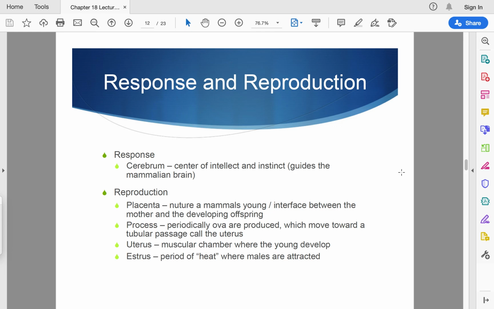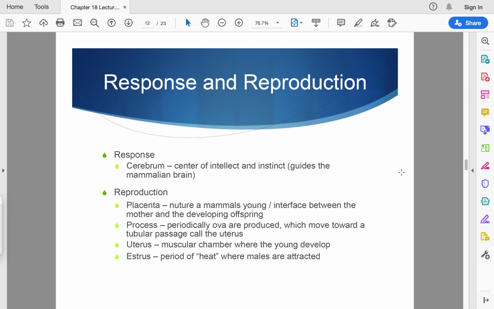Process of reproduction is that periodically ova, which are eggs, are produced by the female, and they move toward a tubular passage called the uterus. All right, the uterus is a muscular chamber where the young develop, and the estrus is the period of heat where males are attracted. All right, so during the estrus, a male might be attracted to the female, and during the estrus, this is when the ova are being produced.